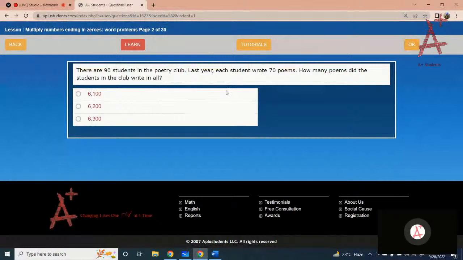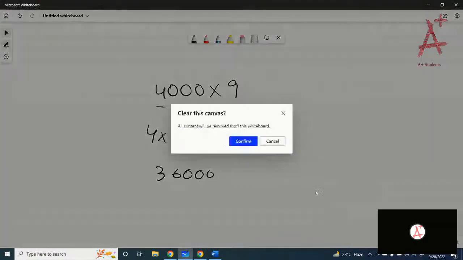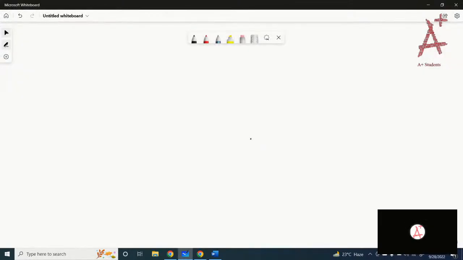Okay. The next one is there are 90 students in a poetry club. Last year each student wrote 70 poems. How many poems did the students in the club write in all? So you have to do 90 times 70.